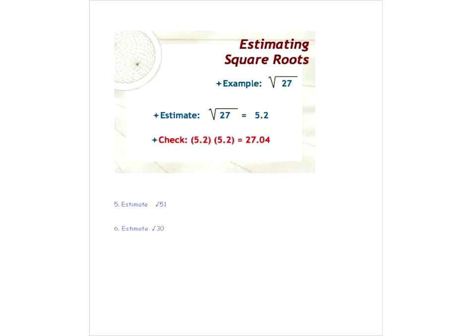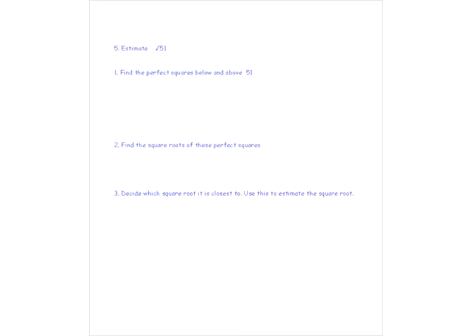Okay, let's try it again for the square root of 51. So we'll use those steps. So the first step, find the perfect squares below and above. So can you guys tell me the perfect square below 51 and the one that's above 51?